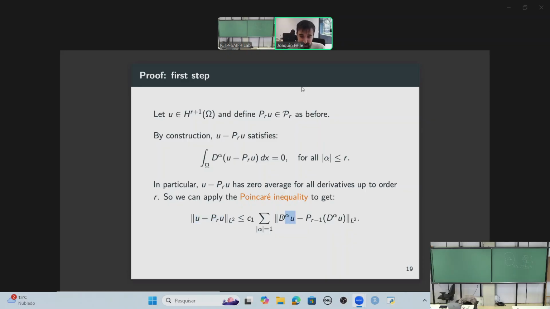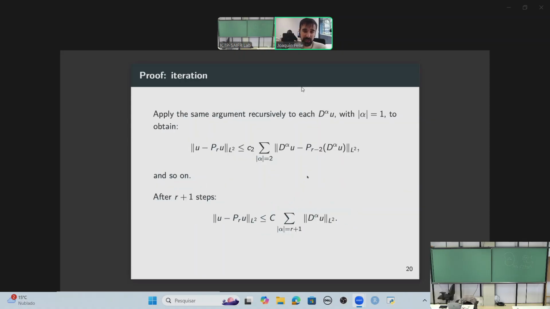If we identify the derivative of u with u, we can see that this thing here has essentially the same form, where now the derivative lives on the Sobolev space of one less order. So we can again apply this result here, but now to each of these terms, right?